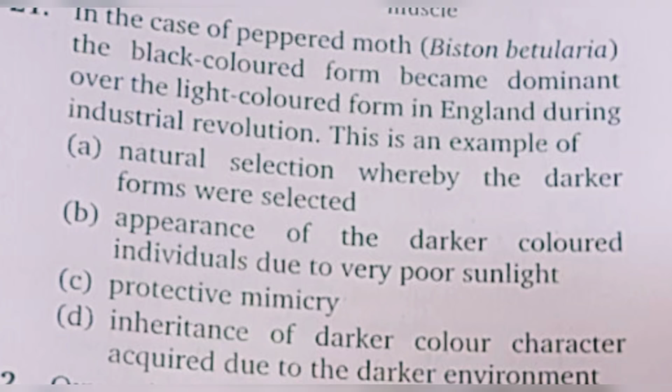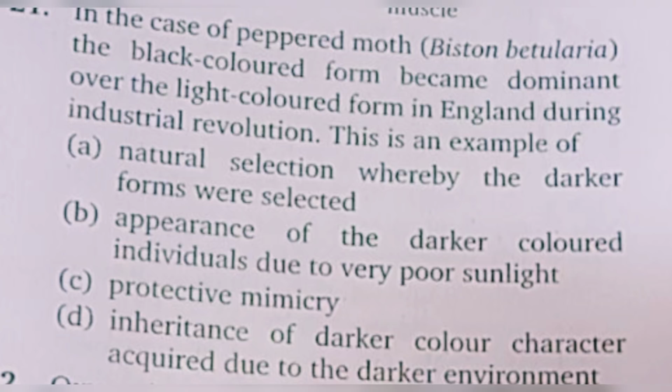The next one is, in the case of peppered moth, the black colored form became dominant over the light colored form in England during the Industrial Revolution. This is an example of.